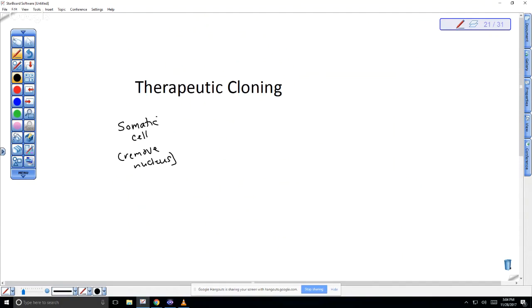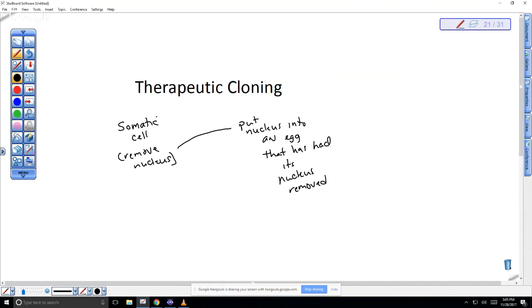If I want to get stem cells, this might be how I would do it. I take my somatic cell, I remove the nucleus, and I put the nucleus into an egg that has had its nucleus removed. It's important that I have an egg because I need a big cell that is going to be able to divide really rapidly.